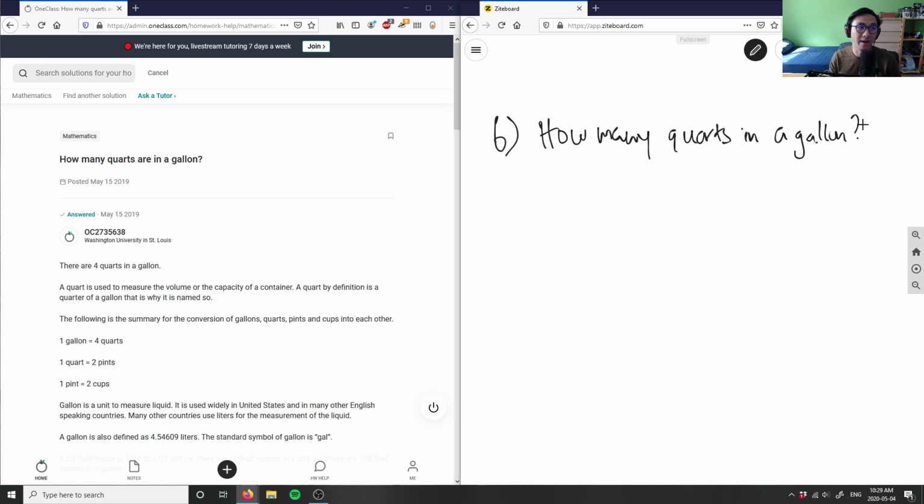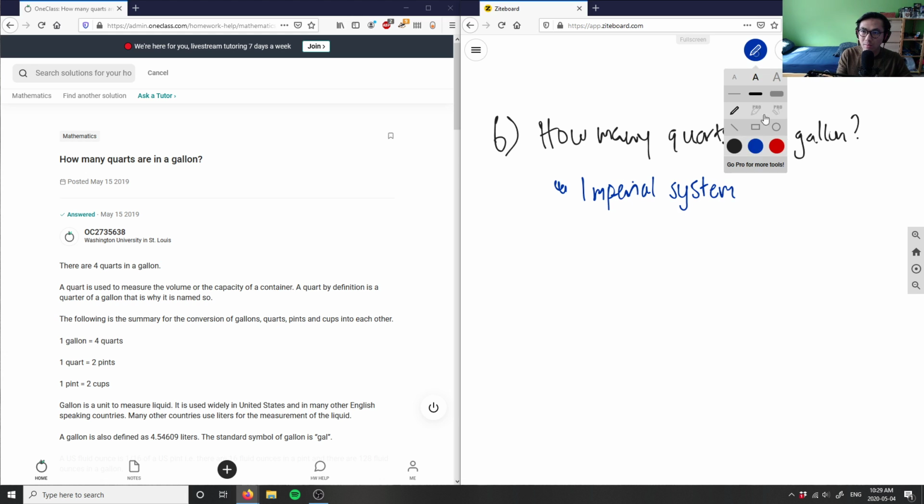So we're measuring volume, right? In this case, I'm looking at my imperial system, and I have some conversions I can use.